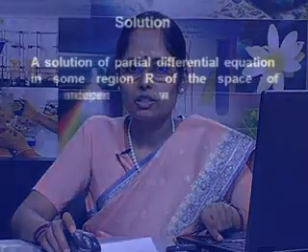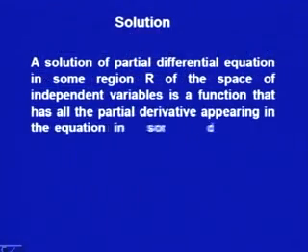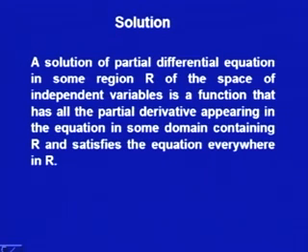The definition says a solution of a partial differential equation in some region R of the space of independent variables is a function that has all the partial derivatives appearing in the equation in some domain containing R and satisfies the equation everywhere in R. What we are saying is, if there is a partial differential equation, it will contain a relationship between the unknown function and its derivatives with respect to certain coefficients.